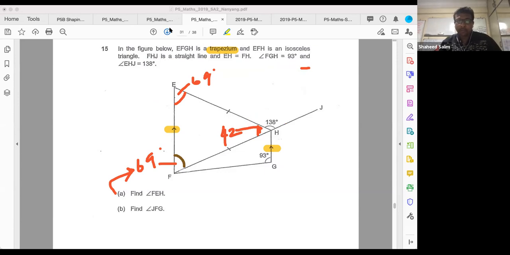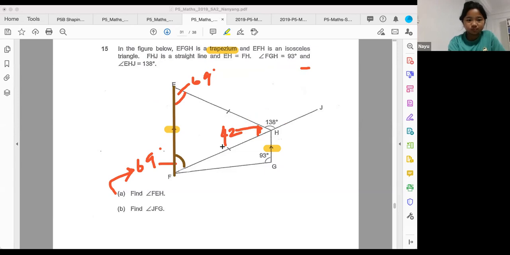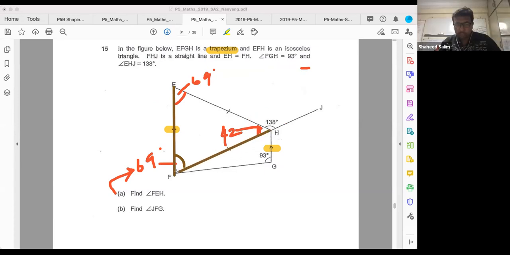What happens now? Okay, 1, 2, 3. Can you see now? I have just shown you something. This angle is equal to this angle. You can see the Z now. This is also 69. That's one way.